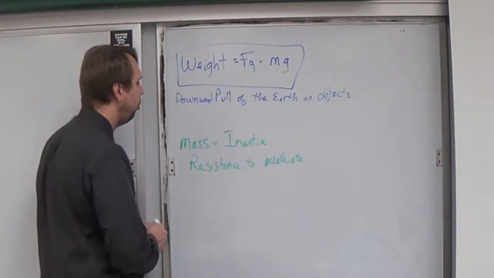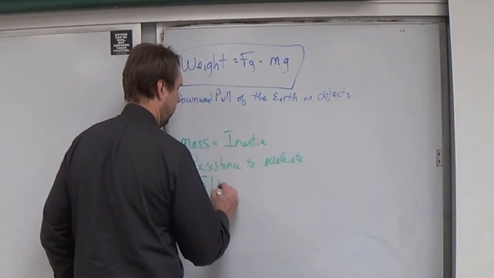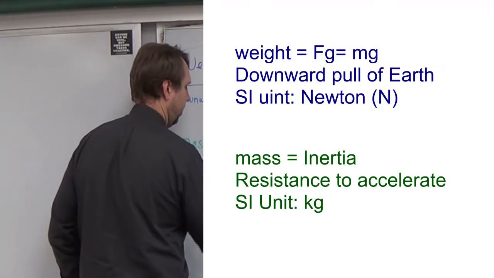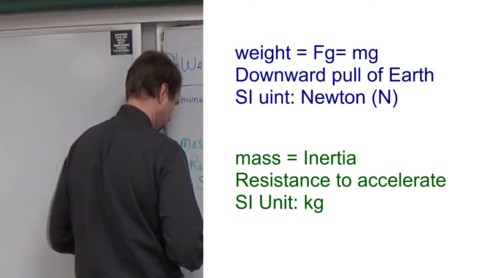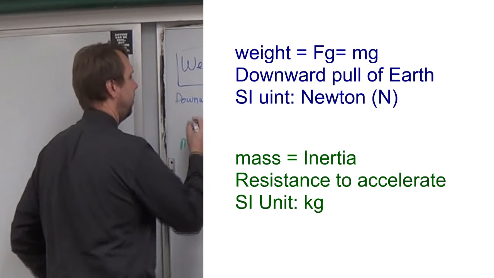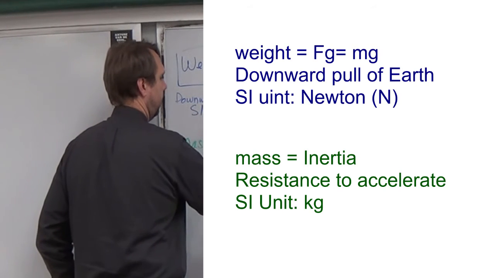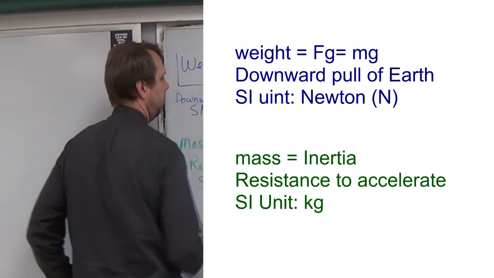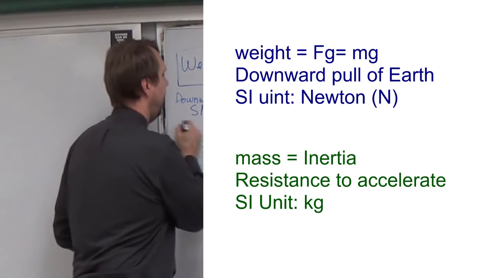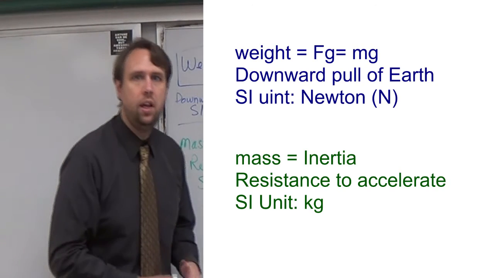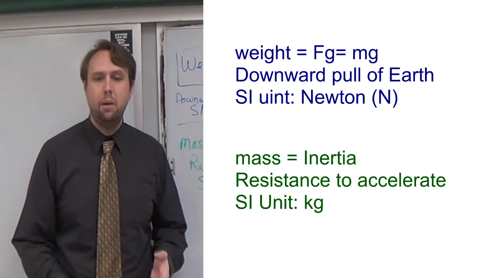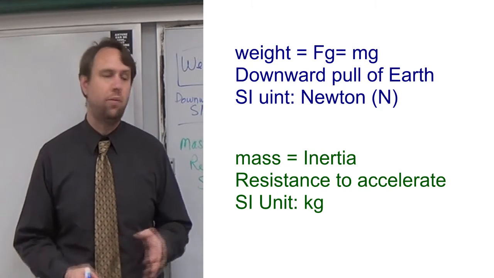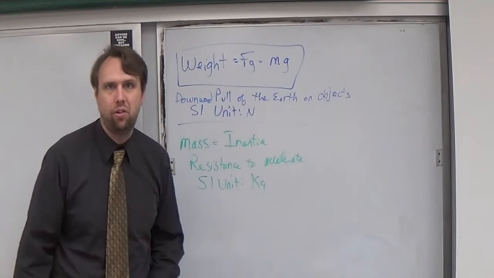The unit for mass, the SI unit, is the kilogram. The SI unit for weight is the Newton. And so anytime you see a Newton talking about the weight of an object, realize that's the same thing as the force of gravity.